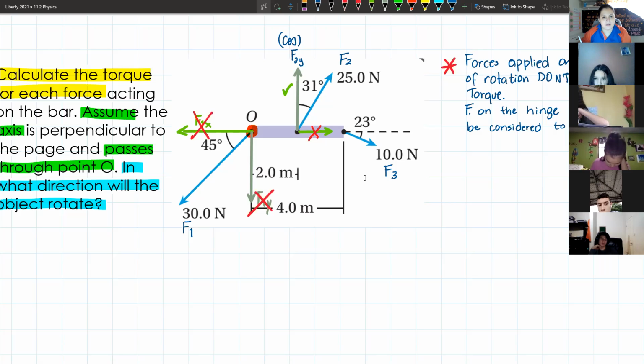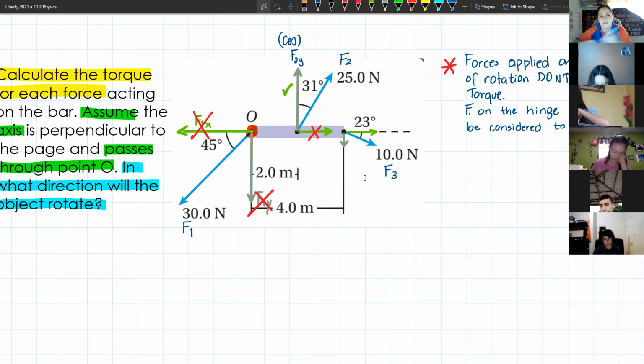So for this force, I will put the components, okay? The component in X and the component in Y.